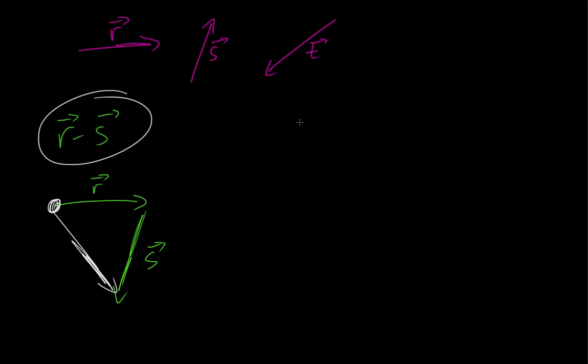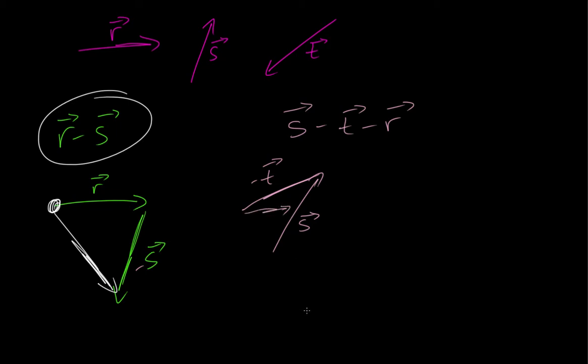Okay, the next one they want us to find is S minus T minus R. S is positive, so we start with positive S. T is negative, so this one's S, this is negative T. Messed that up.